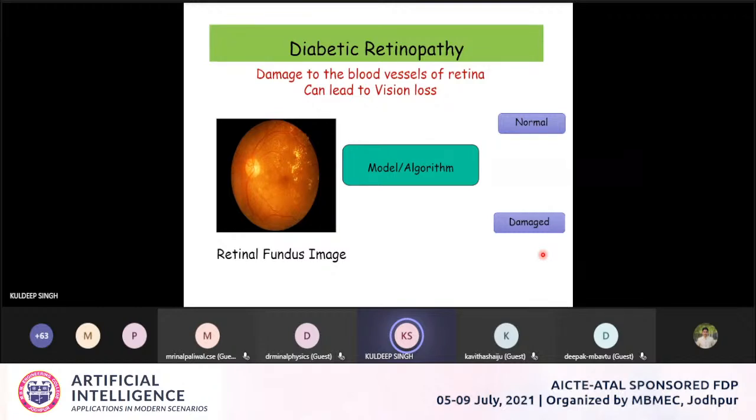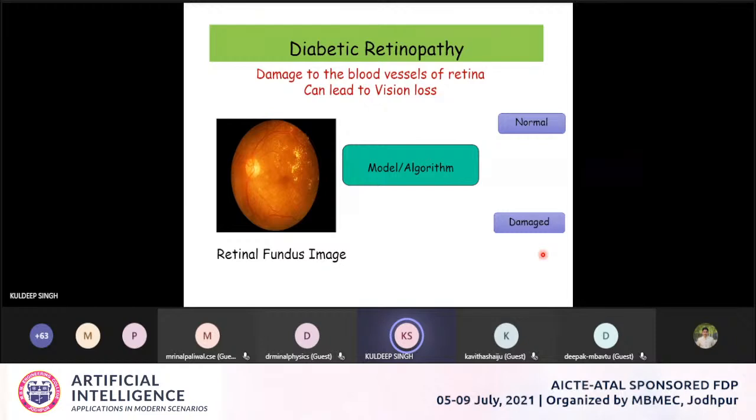Similarly, another medical domain where AI or deep learning has been extensively utilized is detection of diabetic retinopathy. Diabetic patients have a tendency of losing their eyesight.